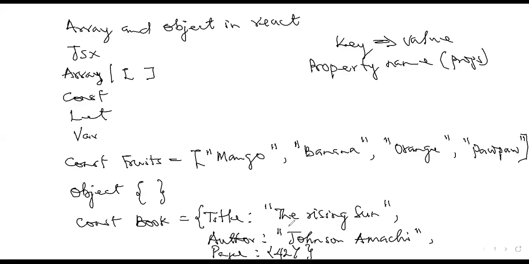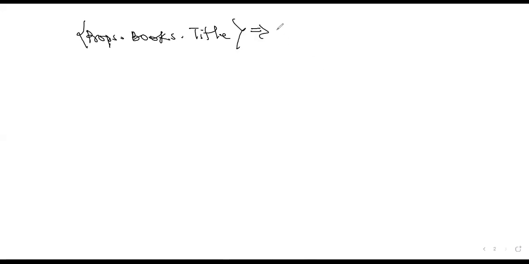So we say props.book using the dot notation, props.book.title. So this will display the rising sun. That is how it works.